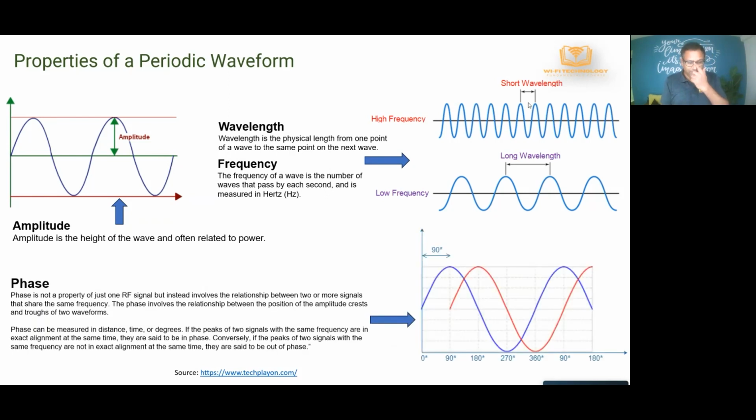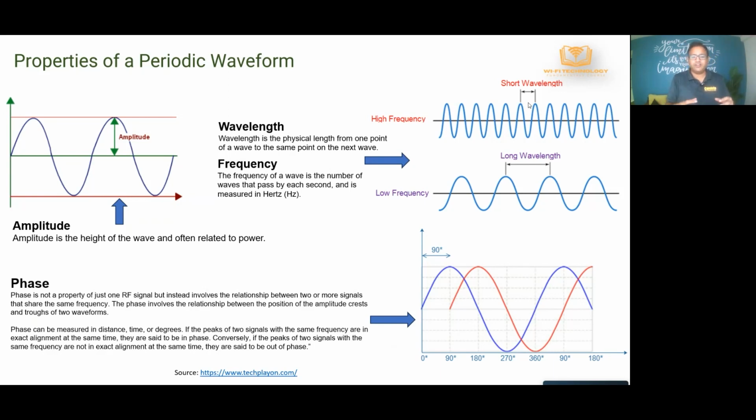And the other one, which could be a little bit confusing, is the phase. Phase is an important characteristic. Phase is relative. It's not absolute. While amplitude and frequency are absolute, phase is more a relative property. What does that mean? Phase involves the relationship between the position, amplitude, and crests and troughs of two waveforms.